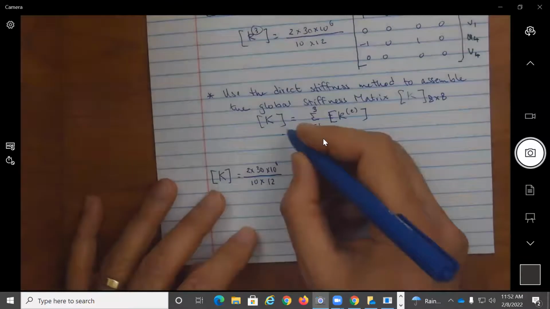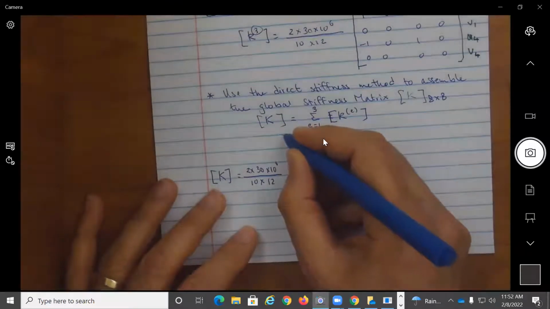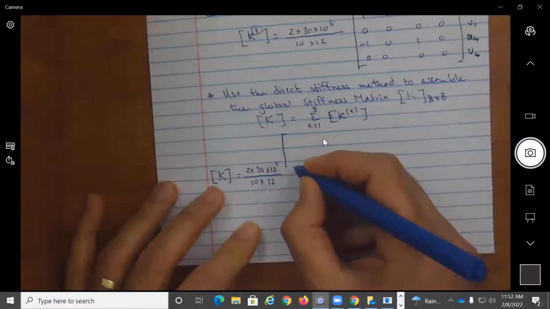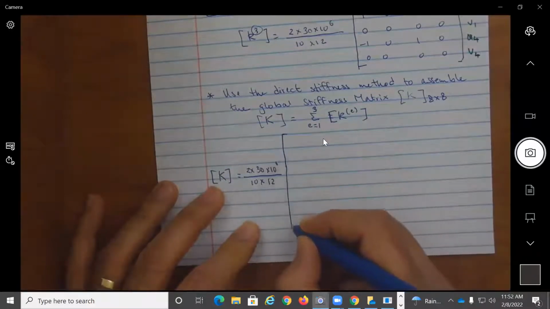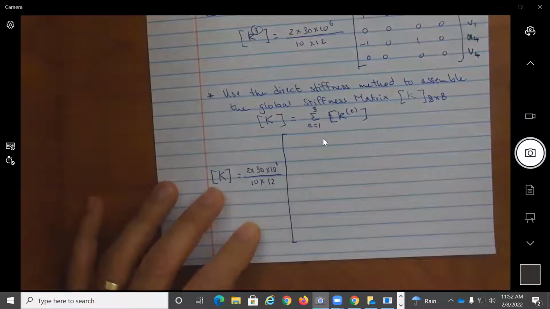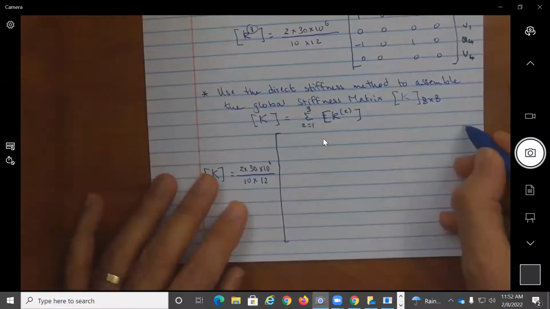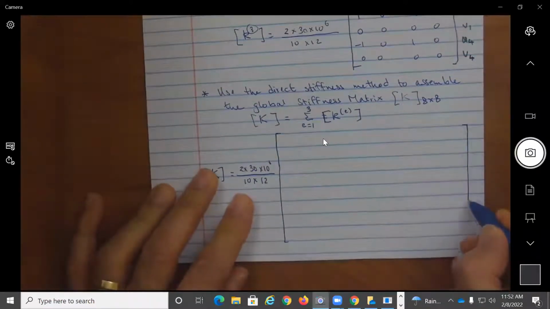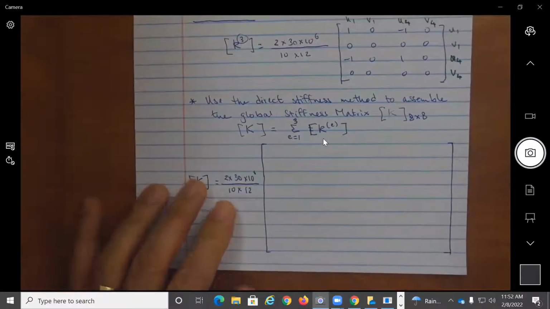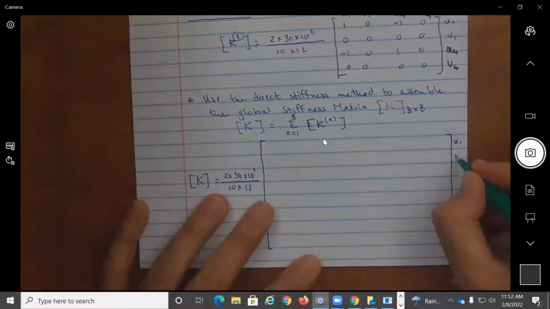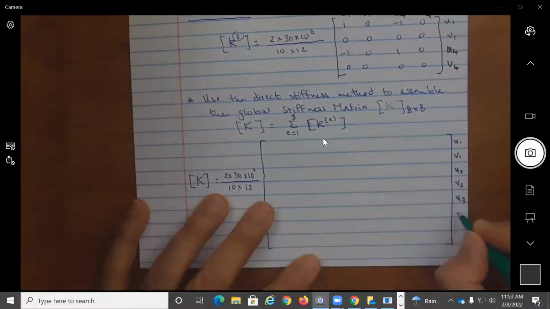So I'm going to start here by looking at an 8 by 8. 1, 2, 3, 4, 5, 6, 7, 8. So the first here, this is U1, V1, U2, V2, U3, V3, U4, V4.